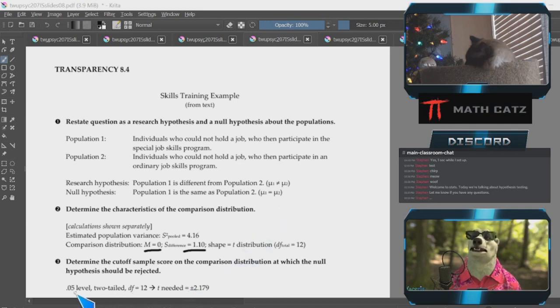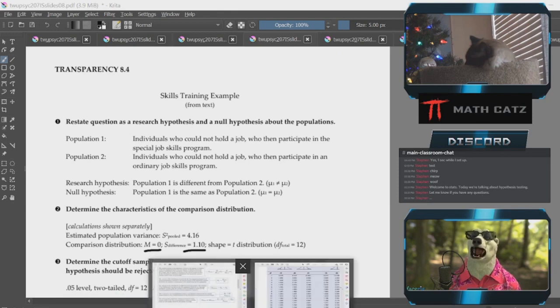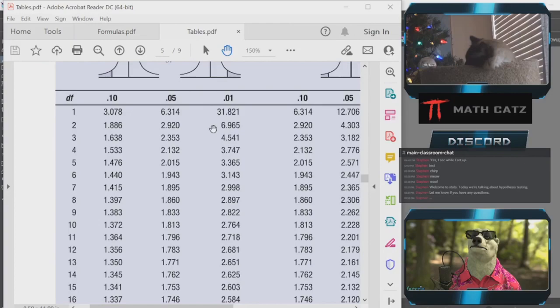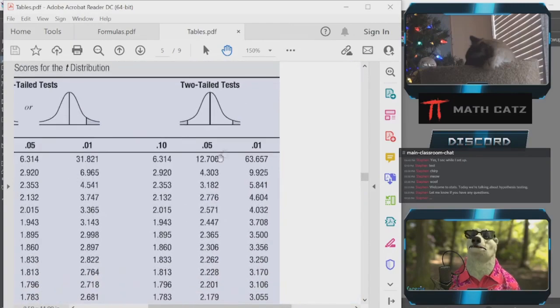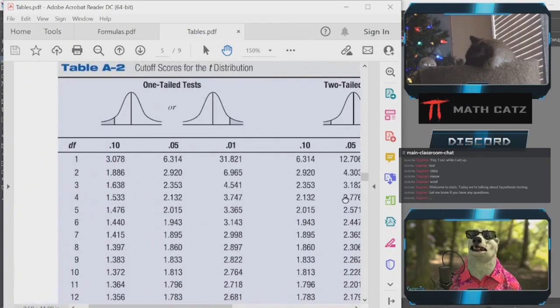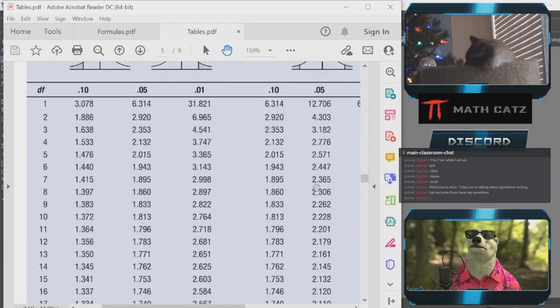Two-tailed test, 5% alpha, degrees of freedom 12, 2.179. Oops, laptop froze. 2.179, beautiful.